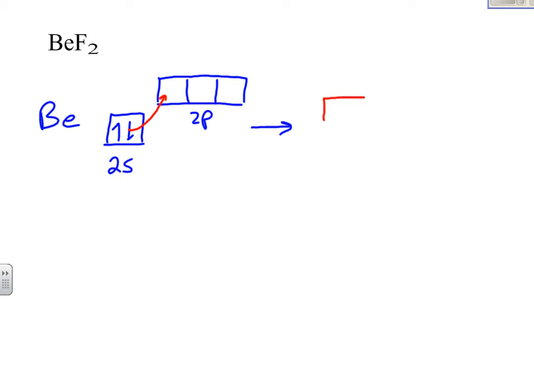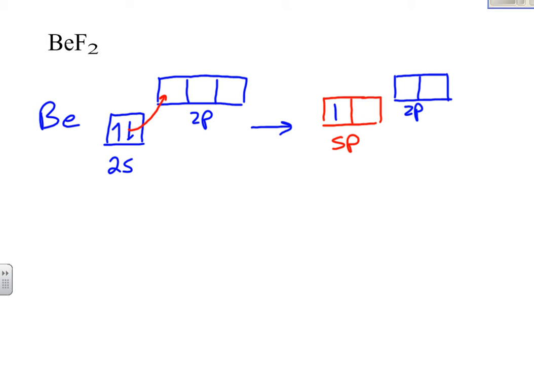So I'm going to create, in this case, 2 hybrid sp orbitals. And then we still have 2 p orbitals that are unhybridized. Right, so those are two of the 2p orbitals that are unhybridized. And then the hybridized, those red orbitals, are sp hybrid orbitals.